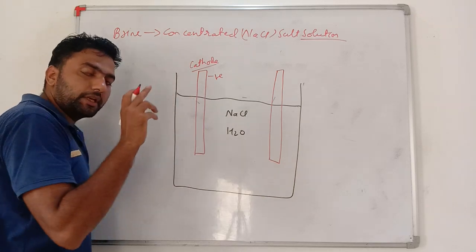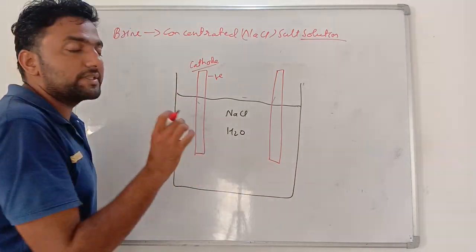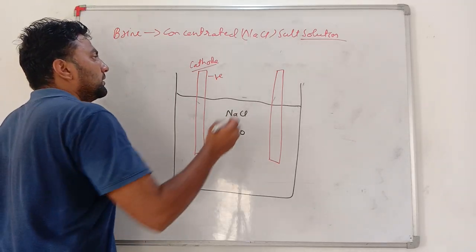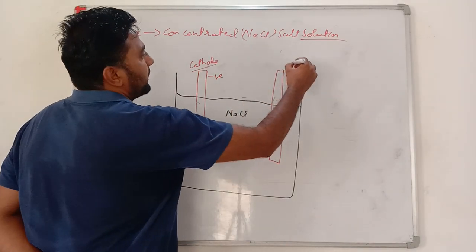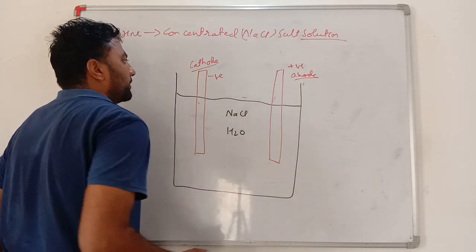Don't get confused between cathode and cation. Cations are positively charged ions and the cathode is the negative terminal or negative electrode. This is the positive electrode, that is the anode.